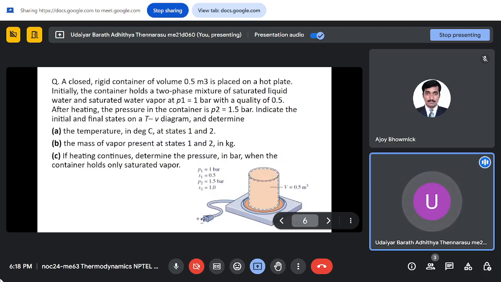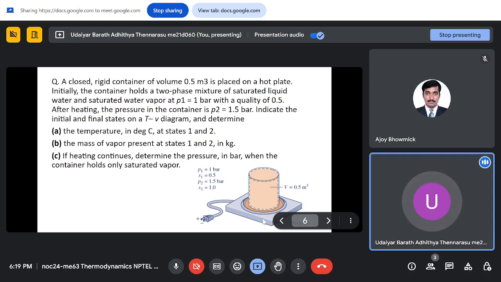I'll go back and give you the question again, as I joined recently. You see, you have a hot plate. I have kept a container of volume 0.5 meter cube, which contains 50% by mass of vapor and 50% of liquid, at a pressure of 1 bar. As it is kept on the hot plate, it will get heated up.